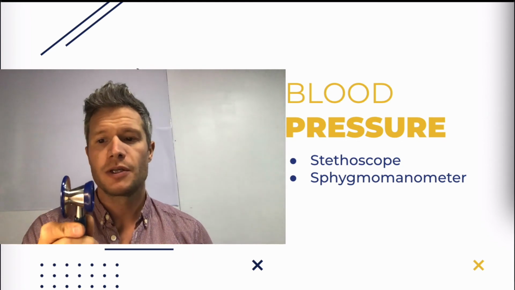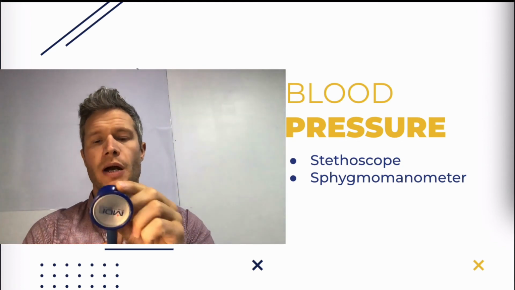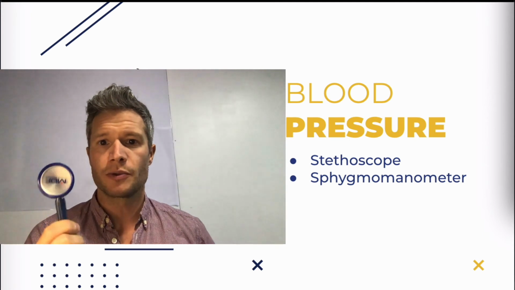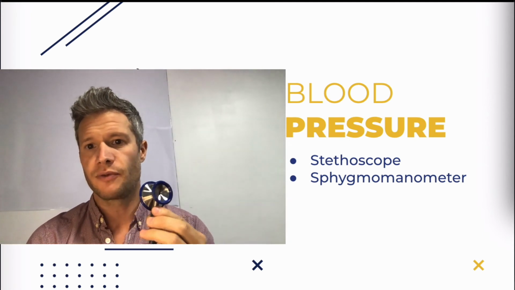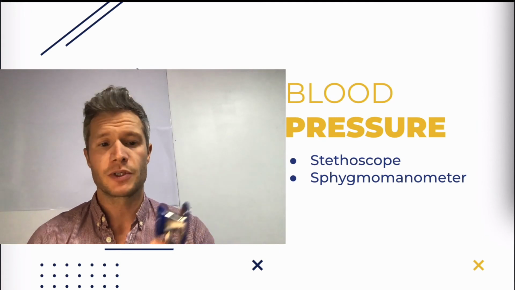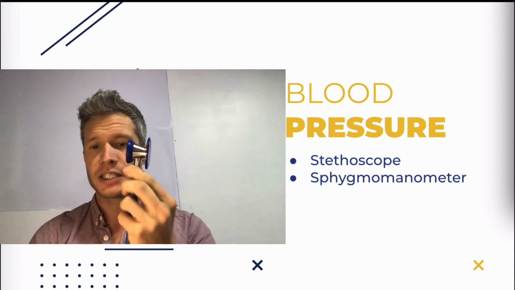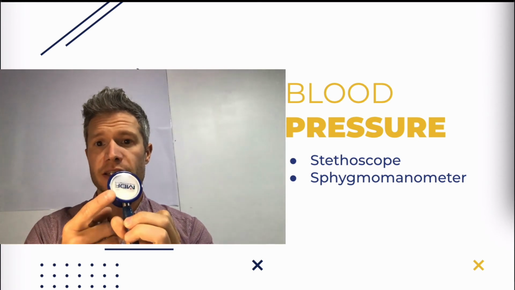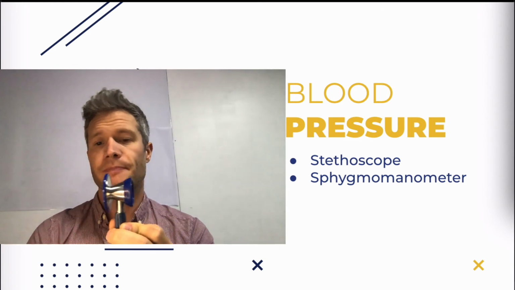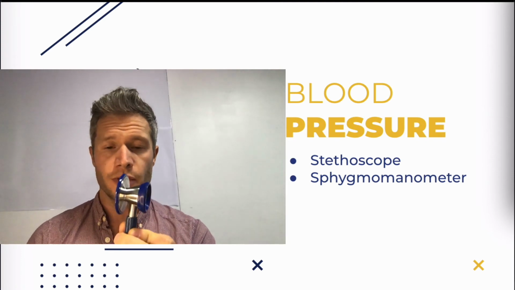We'll look at the drum. Mine has two different sides. One's larger, one's smaller. Again, everyone's just a little different. This side is actually for pediatrics or infants, so you'll notice it's smaller. This is the head or the drum of the stethoscope. On this end, you'll notice it's larger and flat. Again, this is more for the adult side.